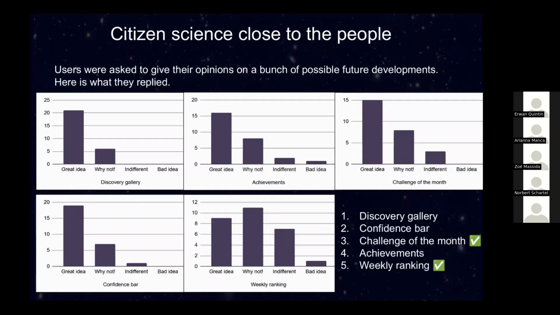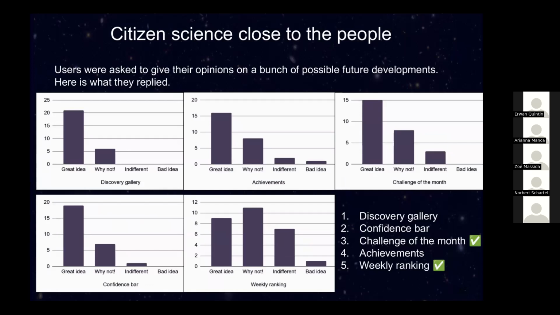Okay, so let me just say that we prepare a bunch of new improvements, and this survey was also the opportunity to ask the users what features they want to have in the experiment. And I would say this is very important as a citizen science experiment, to stay close to the people. So we have here 5 improvements.